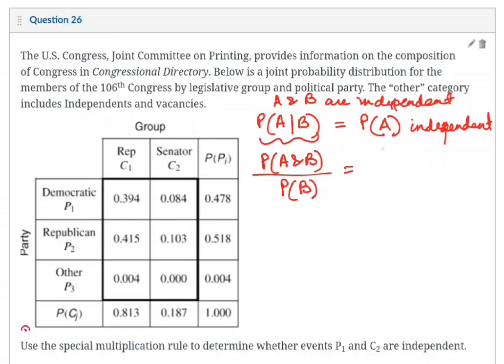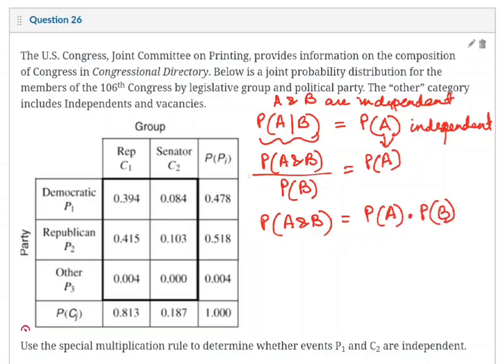And then on the other side, we have probability of A. So on the left-hand side, we have the formula for the conditional probability, which is probability of A and B over probability of B. And on the other side of the equation, we have the probability of A. Now, if we transform this formula, that means if we get rid of this denominator on the left-hand side, what will we get? We get probability of A and B equals probability of A multiplied by probability of B.